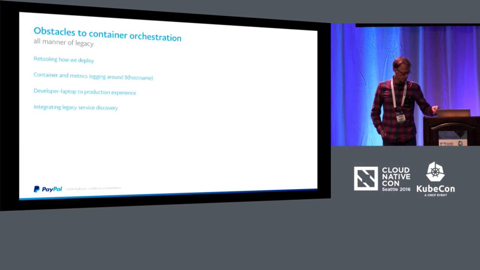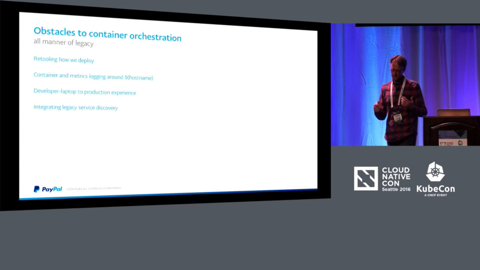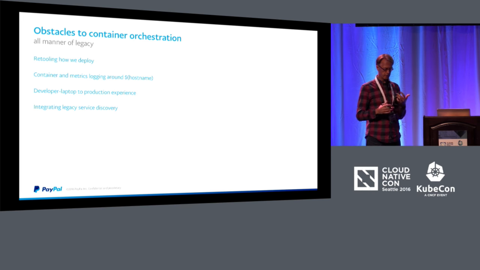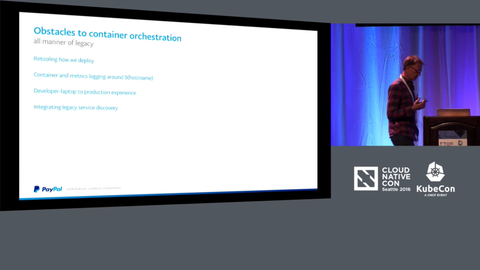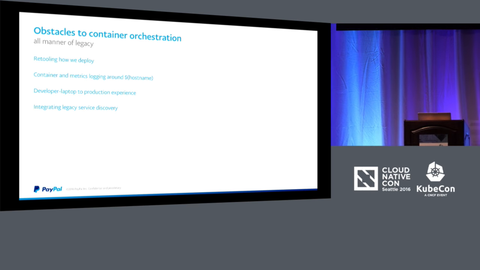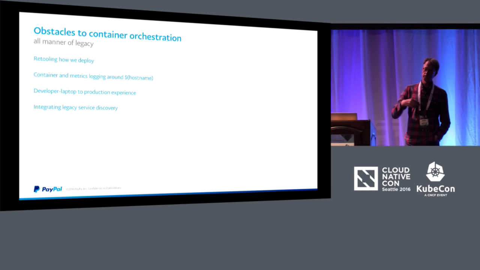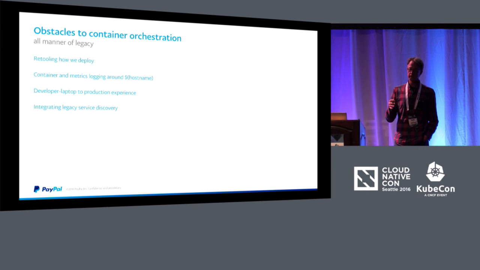Briefly on the matter of what challenges we've faced along the way, some specific to integrating our legacy service discovery, some not. If you've started down the path of containerizing your applications, you probably have noticed that it touches everything. Your builds are affected, your CI pipeline is affected, how you deploy is affected, how you talk about deploying is affected.